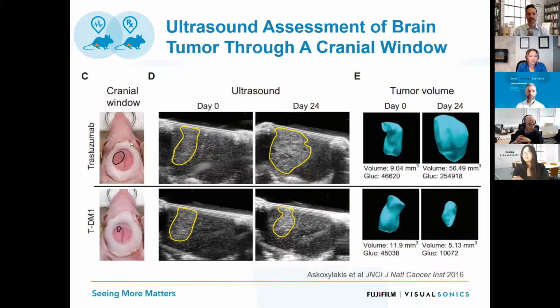On the left, you can see how that cranial window works. This is that polyethylene cover slip that we're talking about that you can mount to the head of the animal. And this is more of a longitudinal imaging experiment, so it does hold up quite well over time. But I think the great thing here is if you look at some of the tumor volume changes that they're tracking, we're really looking at very, very small tumors, down to 5 millimeters cubed.